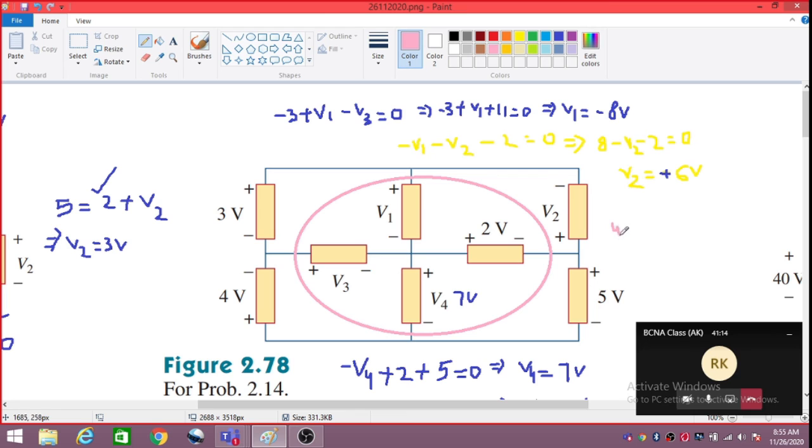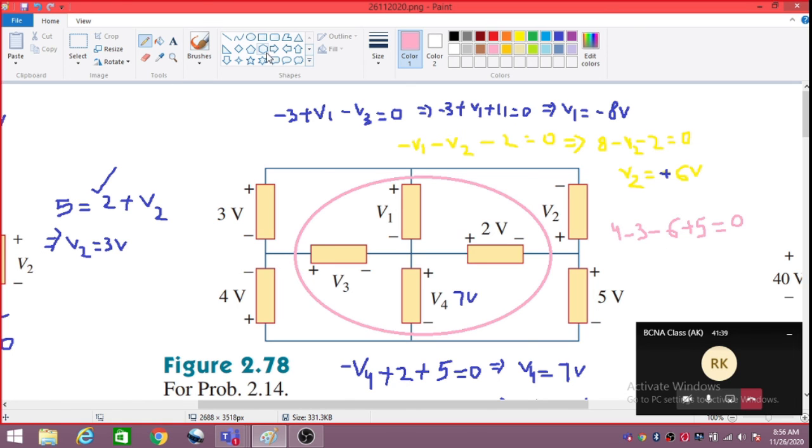That is, plus 4 in this bigger loop, plus 4 minus 3 minus V2, which is -6, plus 5. Does it come out to be 0? Yes, sir.